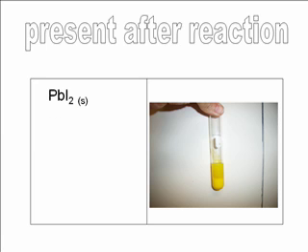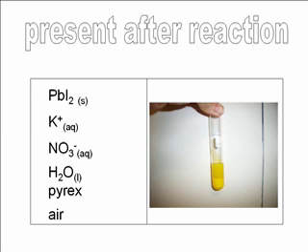If you leave it to settle for a while, you see that the solid settles down to the bottom and a clear liquid forms on the top. What you'll have present now is lead iodide, which is the solid, the insoluble precipitate which is formed. There are still potassium ions and nitrate ions, and there's still the water molecules and obviously the test tube made of Pyrex and the air above it.